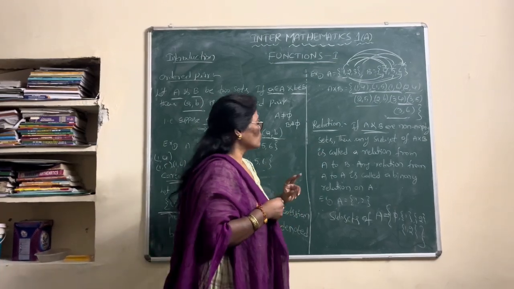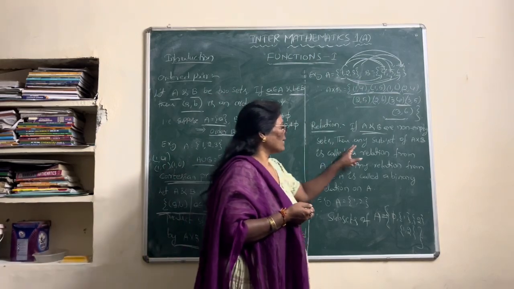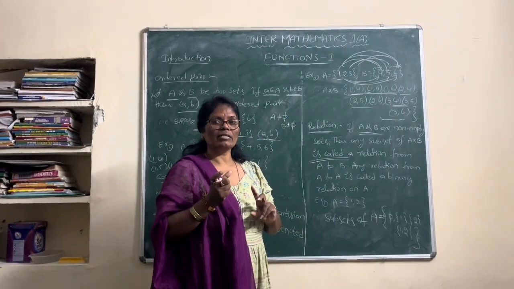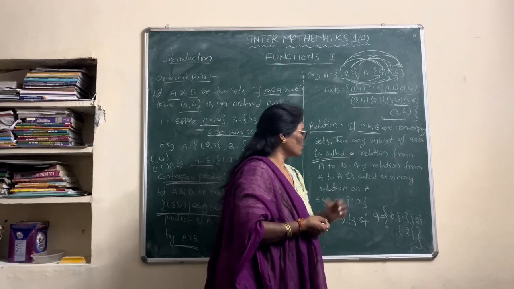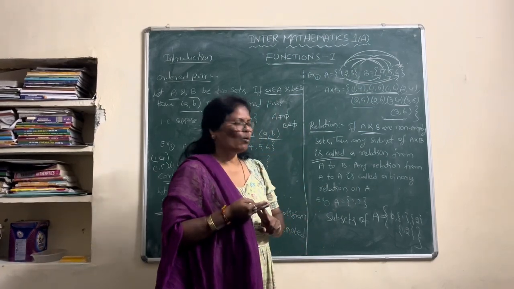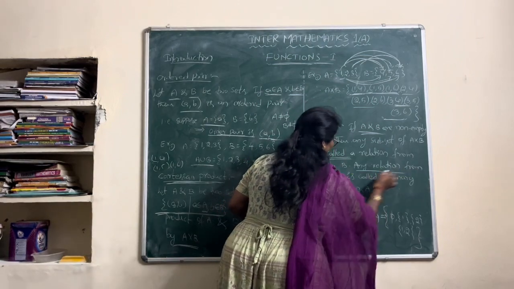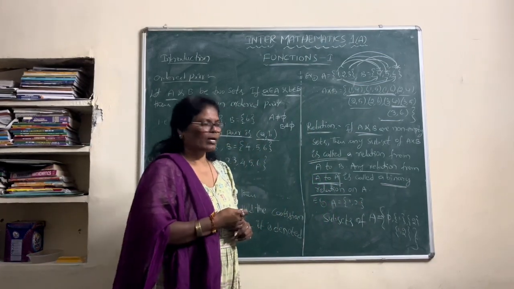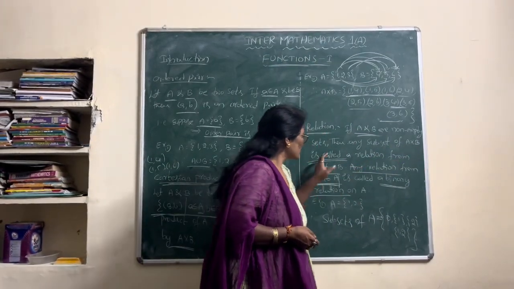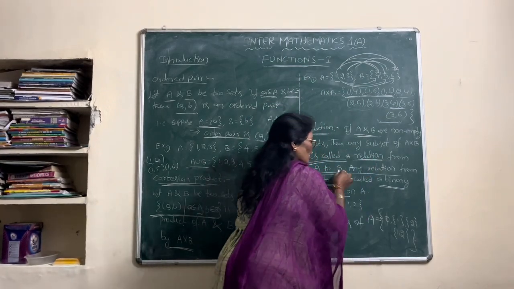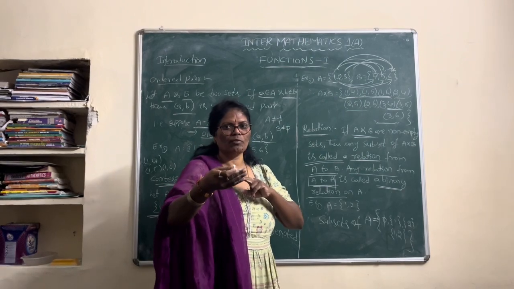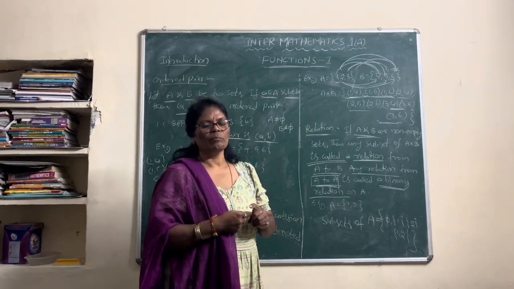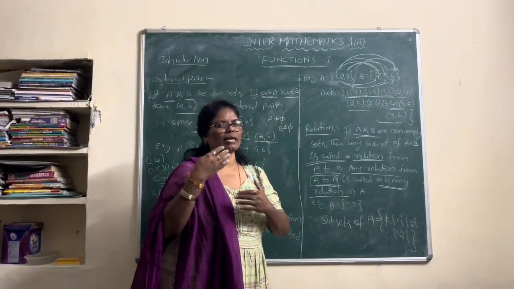Then any subset of A cross B, the Cartesian product of A and B, is called a relation from A to B. Any relation from A to A is called a binary relation on the set A only, because it is from the set to itself.